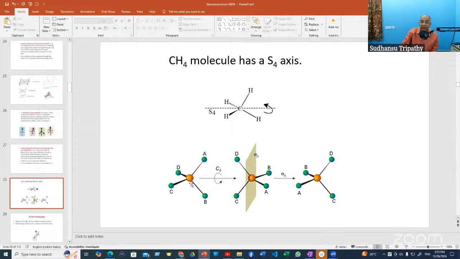So A, B, C, D are fictitious. They are the same: hydrogen, hydrogen, hydrogen, hydrogen. So these two are exactly superimposable. Don't be swayed away by the notations A, B, C, D.